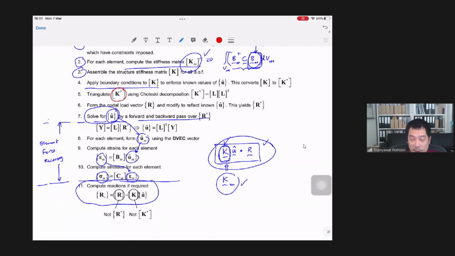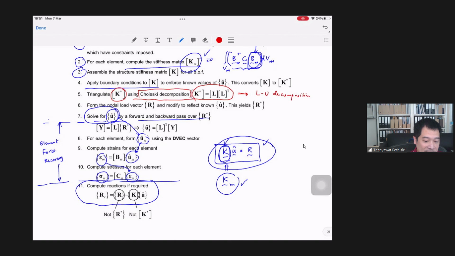But if you choose to modify your stiffness matrix to keep it symmetric, then you can, for example, use Cholesky decomposition. This applies only for a symmetric matrix. If you happen to have an unsymmetric matrix, instead of Cholesky decomposition you would have to use what we call an LU decomposition.